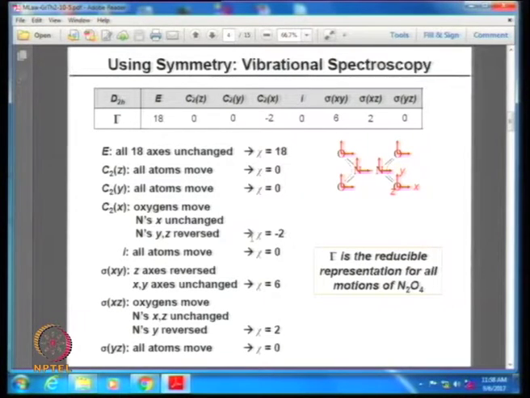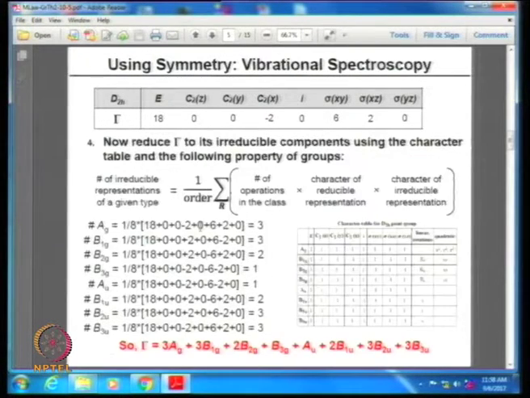Here you are doing the generic 3D rotations, and for that particular representation, one can just calculate all the characters, and under identity nothing moves, so we get 18 and so on. So now the question is, how do we split this up into irreducible representations?